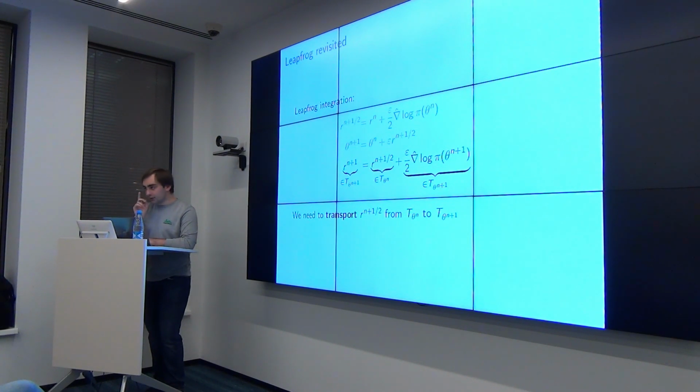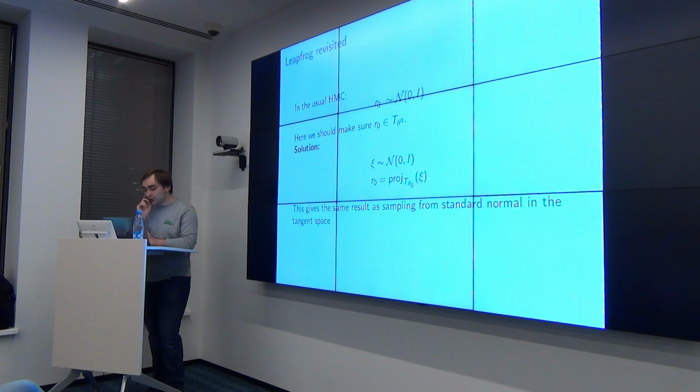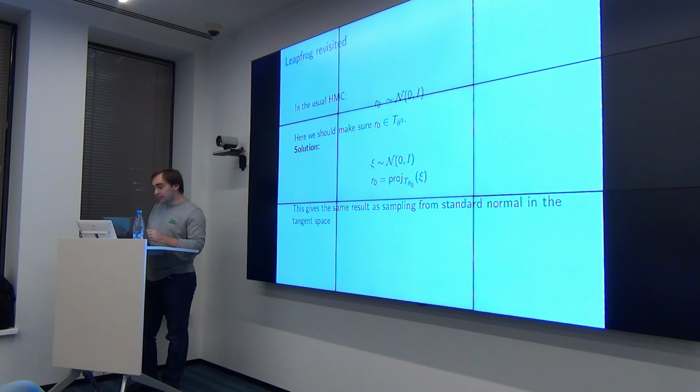Okay. Also, there is one catch. In the usual HMC, we sampled some initial velocity from the standard normal, but here we should make sure that this initial velocity is a tangent vector. The solution is to just sample standard normal noise and project it onto the tangent space.